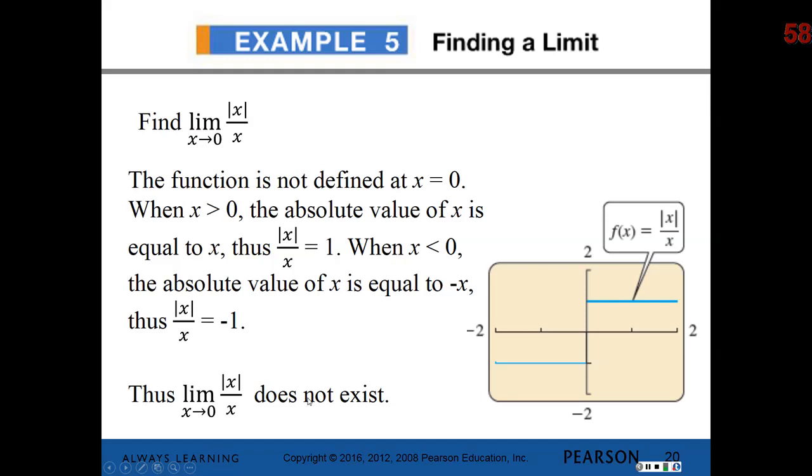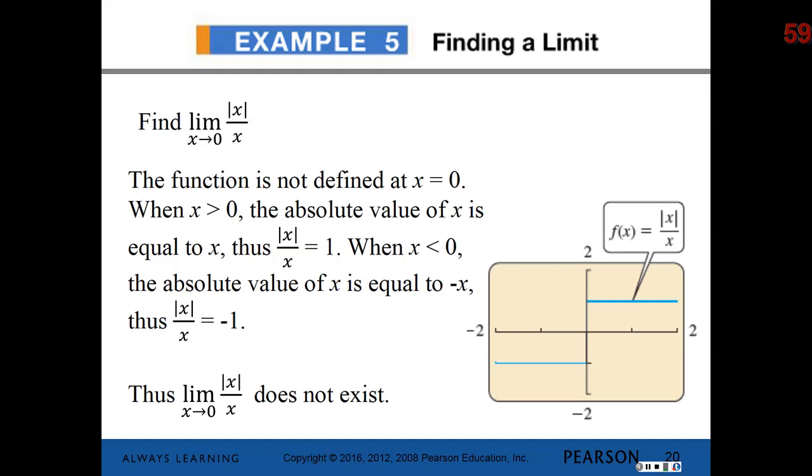So if you're talking about limits, as you approach 0 from the left, what's the value of the function? What's the value of that function for all negative values of x? -1. Good. What's the value of that function for all positive values of x? 1. Does -1 equal 1?